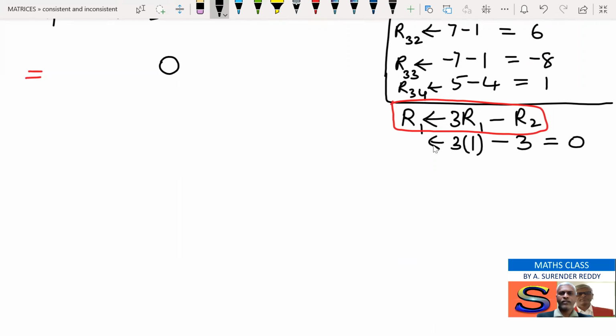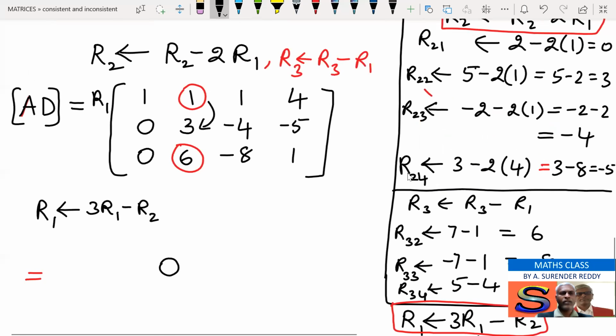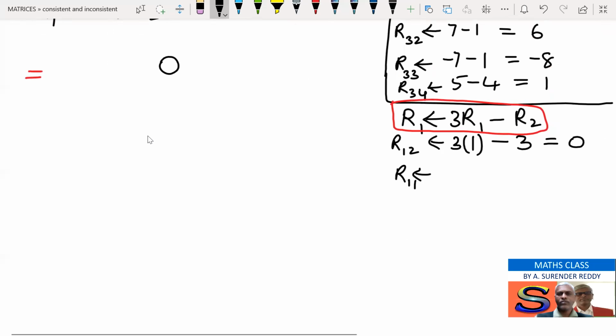ఇది second element కు R12 అయిపోయింది. Now first element R11. R11 అంటే ఇక్కడ R1, R2 values తీసుకోవాలి. R1 value 1, R2 value 0. 1, 0 తీసుకొని ఇందులో substitute చేయాలి. 3 into 1 and R2 value 0. 3R1 minus R2 లో substitute చేస్తే 3 into 1, 3 minus 0, 3 అవుతుంది.